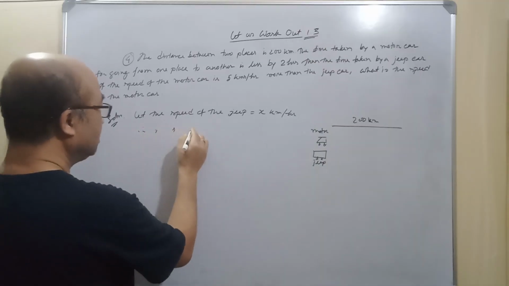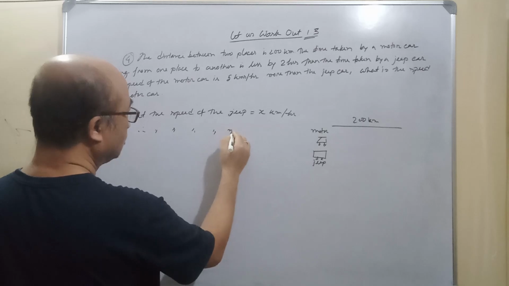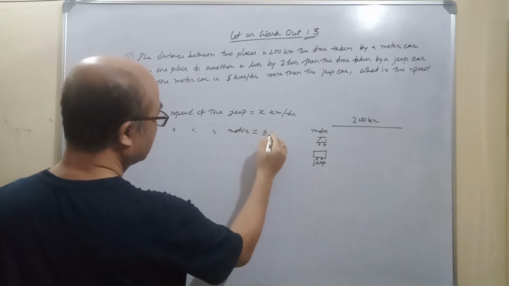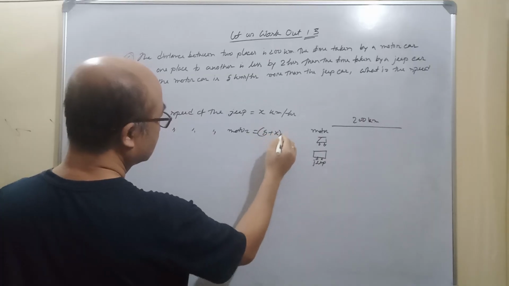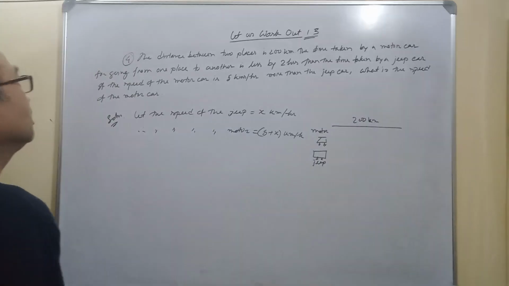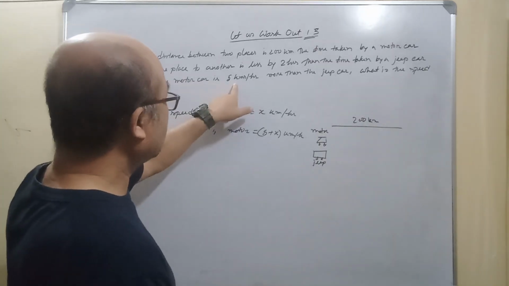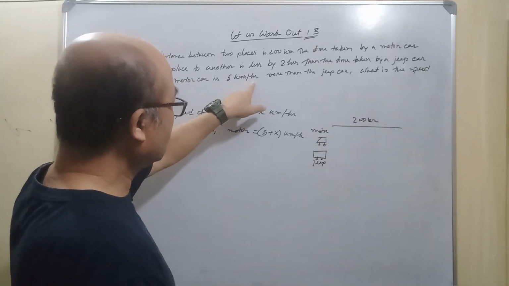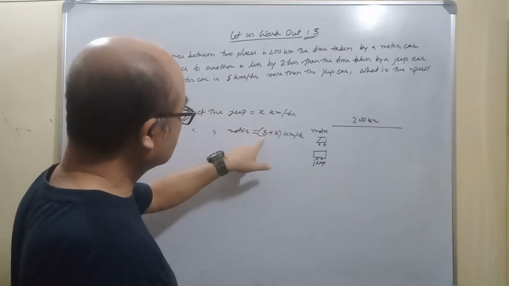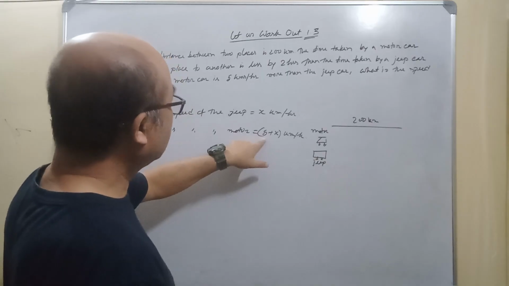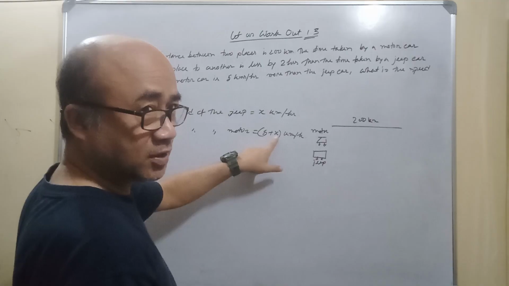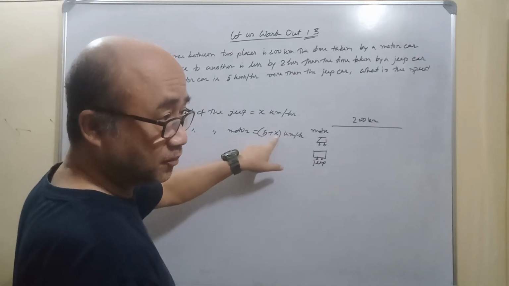Hence the speed of the motor car is 5 plus x kilometer per hour. Why? Because speed of the motor car is 5 kilometers per hour more than the jeep car. Jeep is x, so speed is 5 kilometer more than the speed of the jeep car. This is the speed of the jeep car.